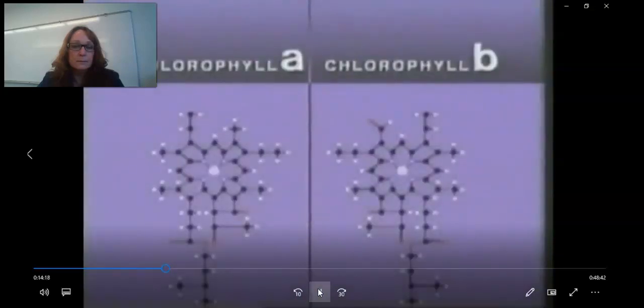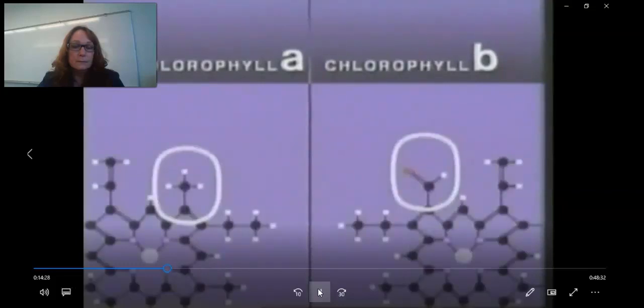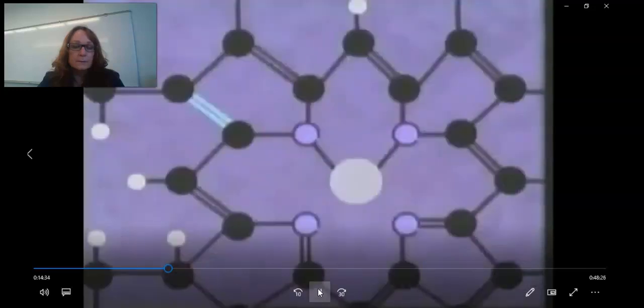Even though chlorophyll B has nearly the same molecular structure as chlorophyll A, it actually functions as an antenna pigment. Despite the differences in function of chlorophyll A and the antenna pigment, they all share an important feature: alternating single and double bonds.